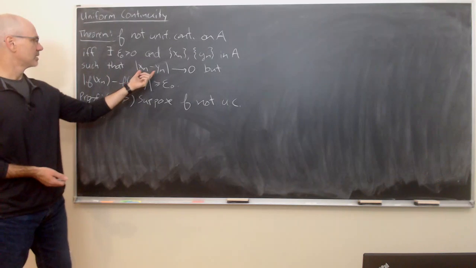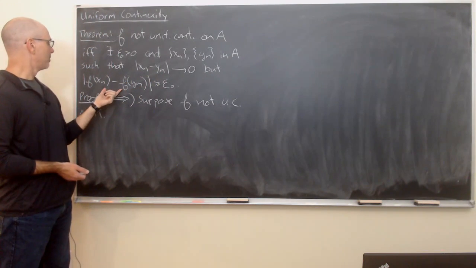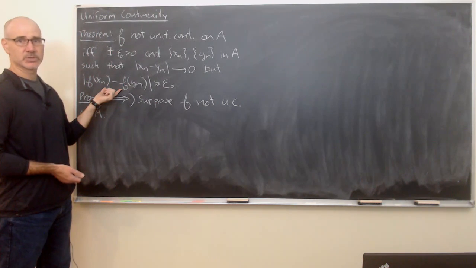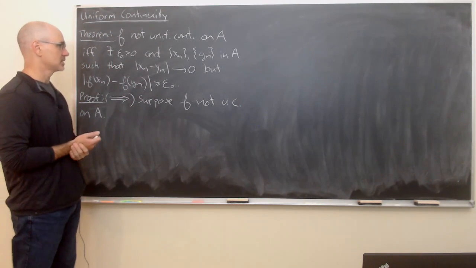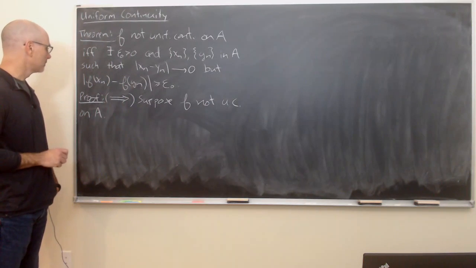So we get sequences that are converging to each other, but the function values can't be made close to each other. That is enough to show that the function is not uniformly continuous on the set. But we need to prove this.